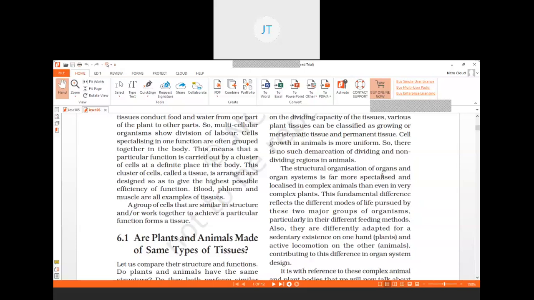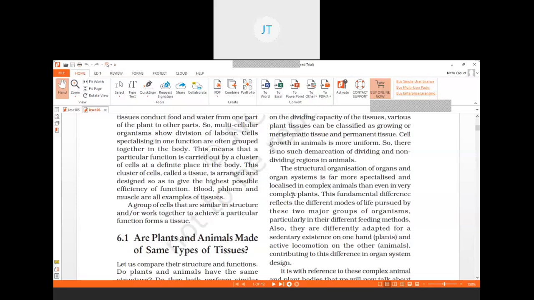Cells together make tissue, tissue together makes organ, organ together makes system, and different systems together make the body. That kind of organization is far more specialized and localized in complex animals like us than even in very complex plants. So the more specialized we are, the more complex we are than plants.